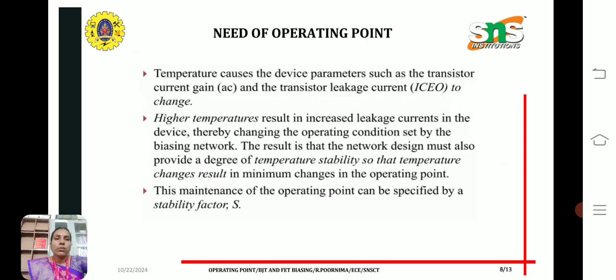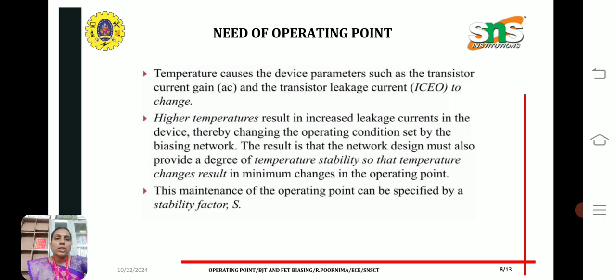And what is the need for an operating point? Temperature causes device parameters such as the transistor current gain and transistor leakage current to change. We have already discussed in stability that there are three parameters: beta, ICO and VBE. These three parameters change with temperature.